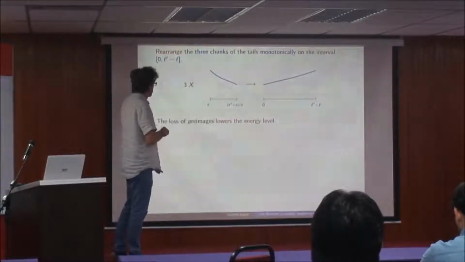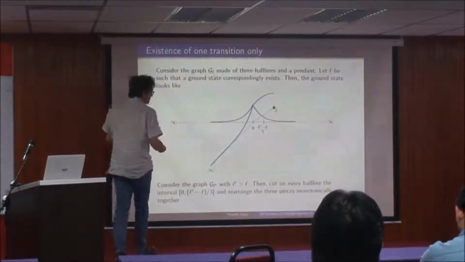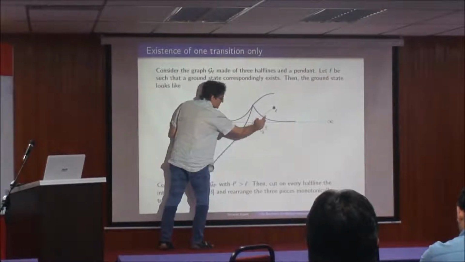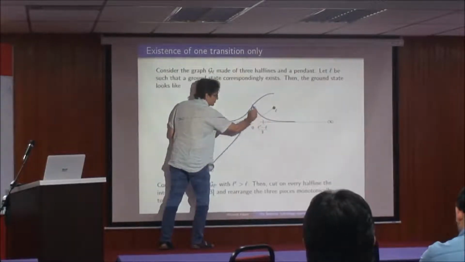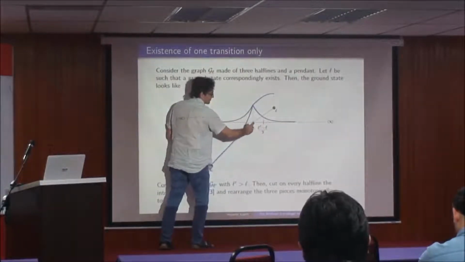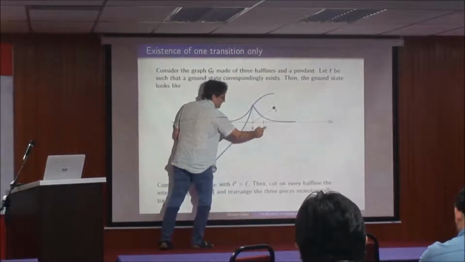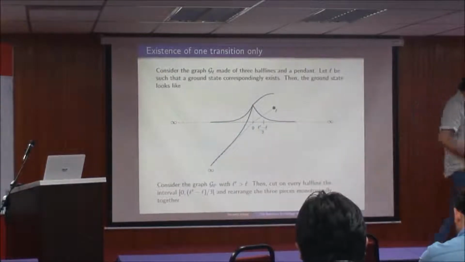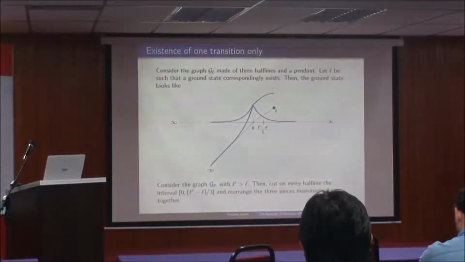So the first thing we do, we consider the 3 pieces of this function corresponding to the interval 0, (L' minus L) over 3. So there are three pieces which are equal because this state is symmetric.